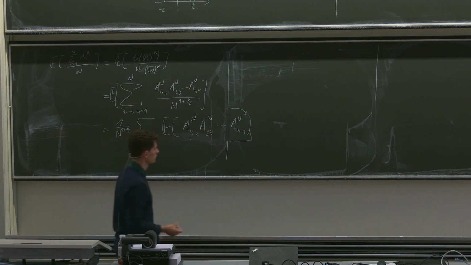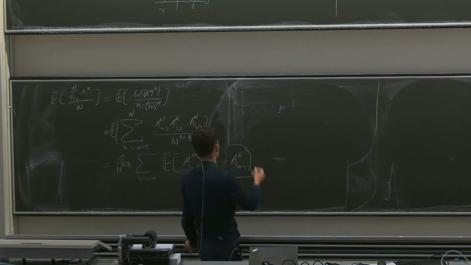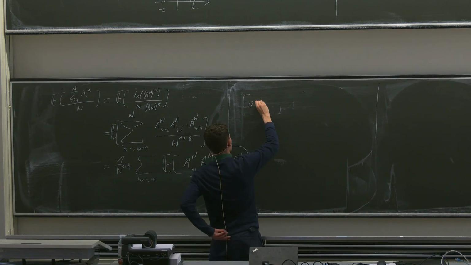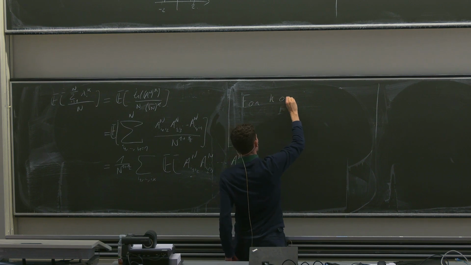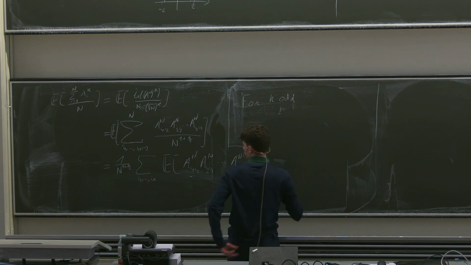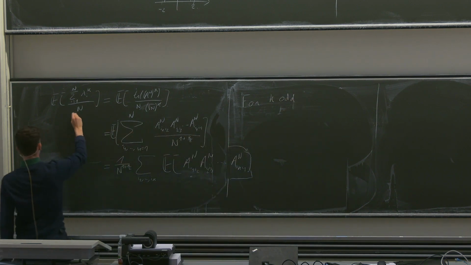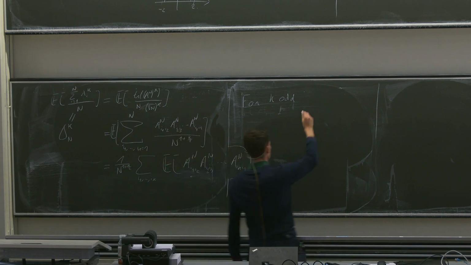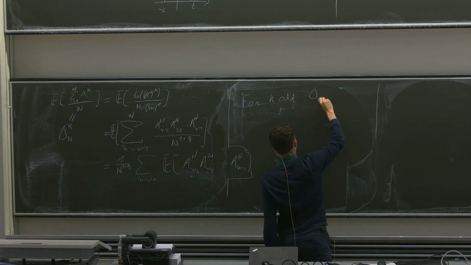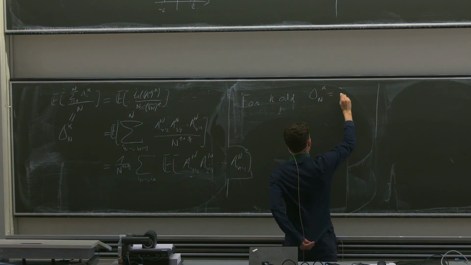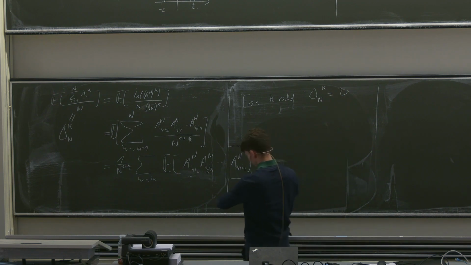So let me write this remark: for k odd, this quantity I'm going to call delta_{n,k} is equal to 0.